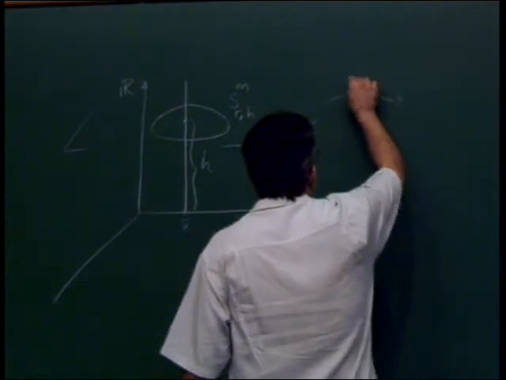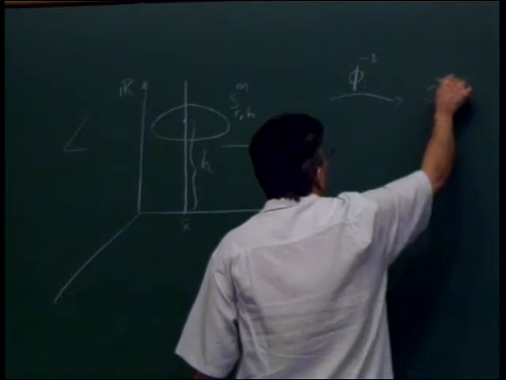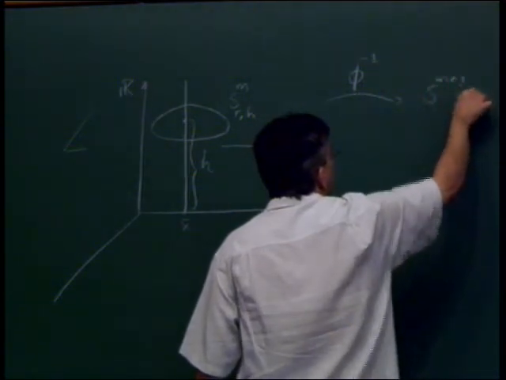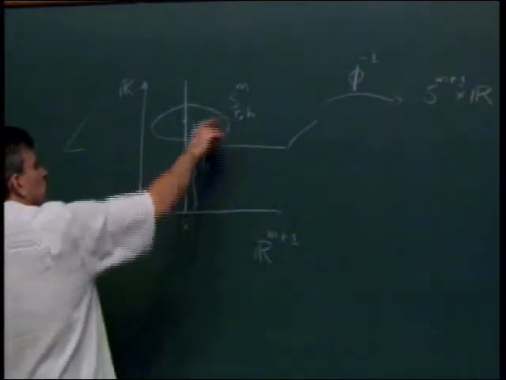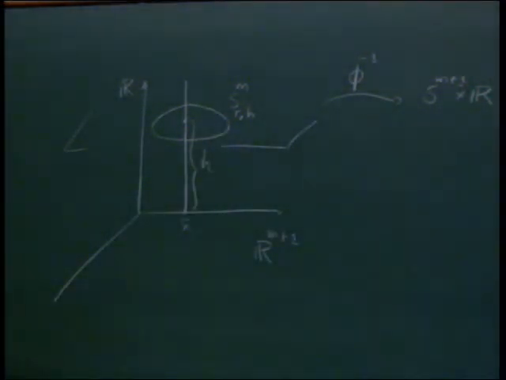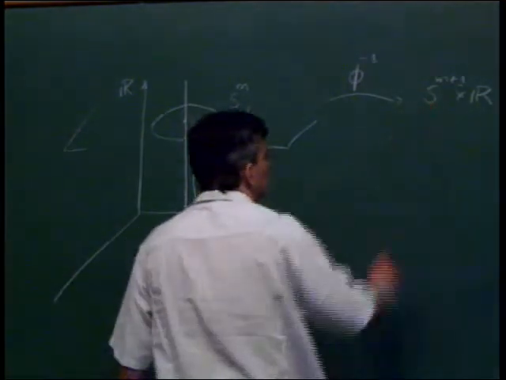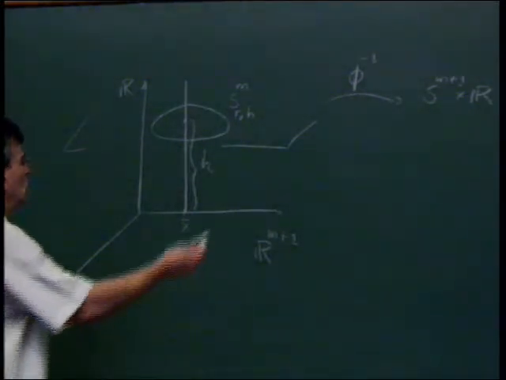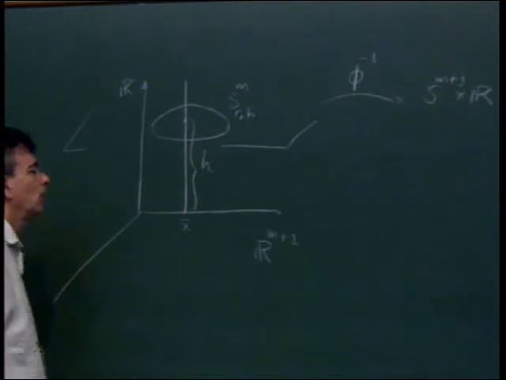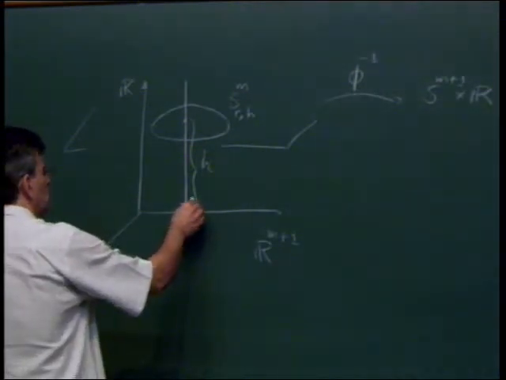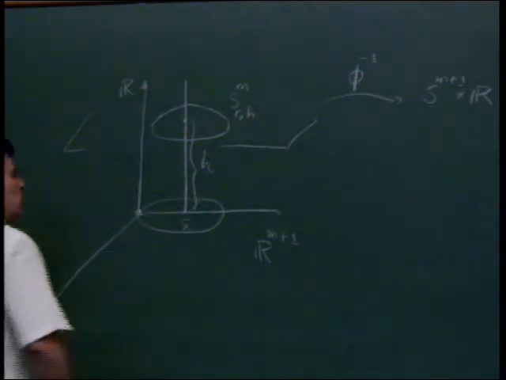And then we just take its image by the inverse of that map. So as we vary r and h, we get a two-parameter family of submanifolds of S^{m+1} cross R. All of them, of course, diffeomorphic to the sphere, except for a single element, the one we get at height 0, passing through the origin.